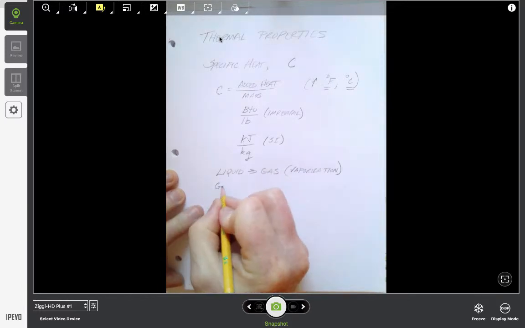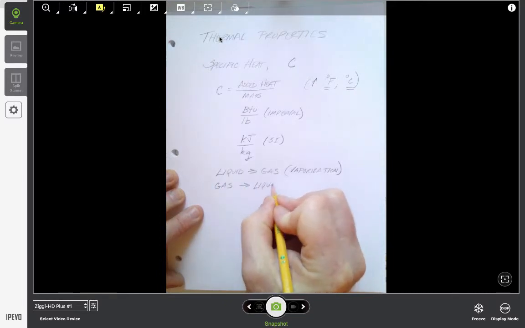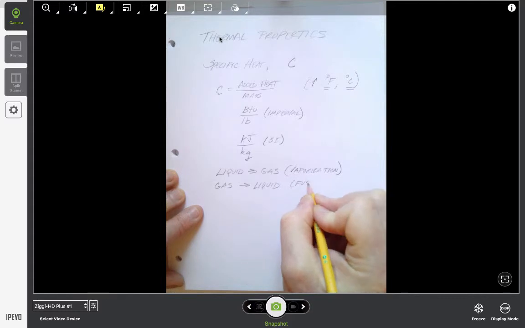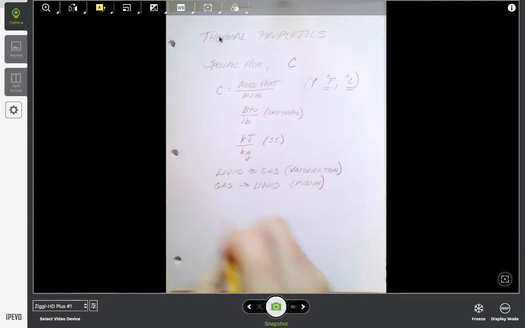Going from gas to liquid would be for cooling, usually. And there's also the concept of fusion, going from liquid to solid. And going from solid to liquid, the word doesn't make sense, but it would have the same relationship.